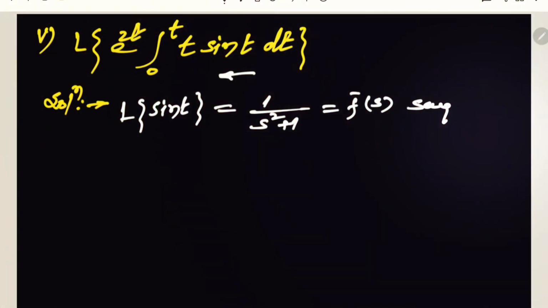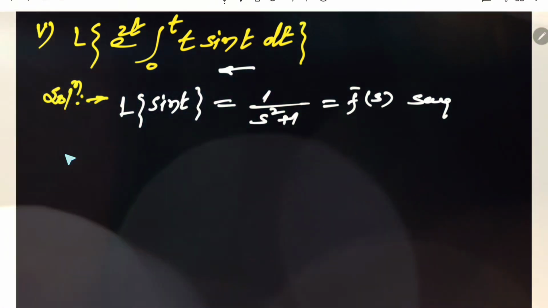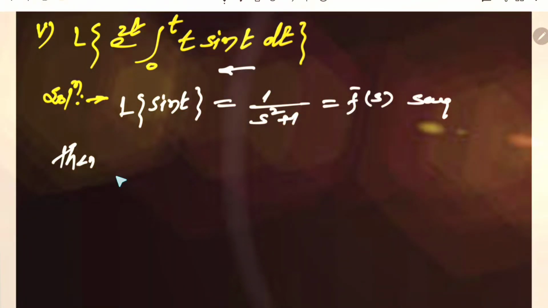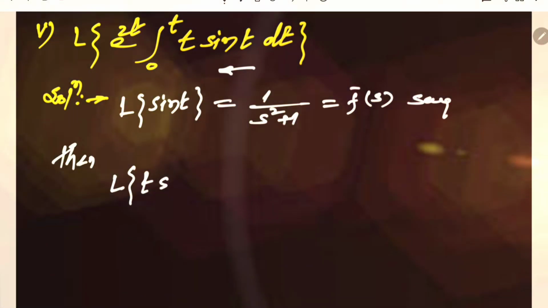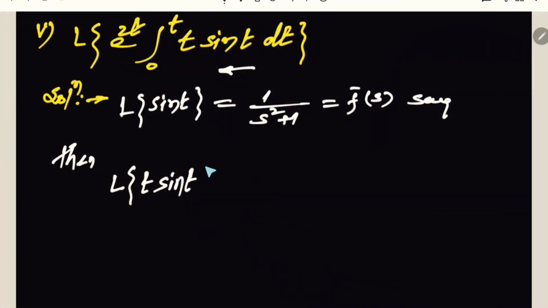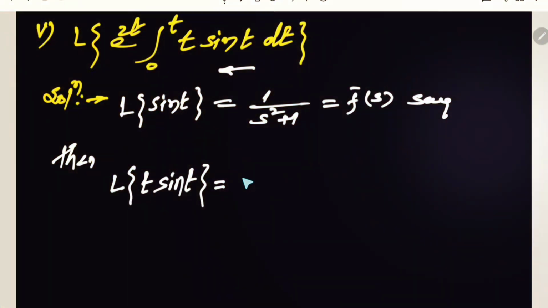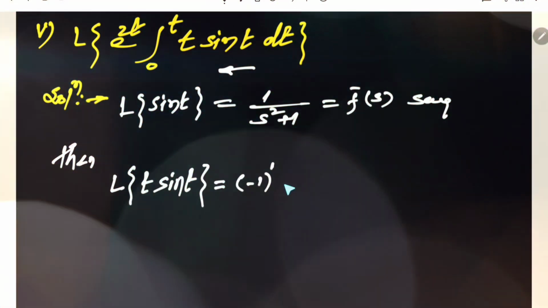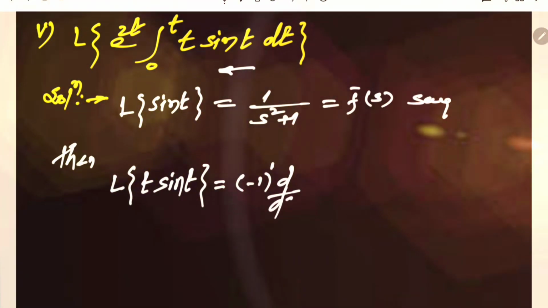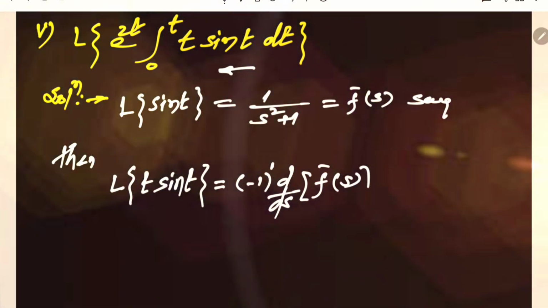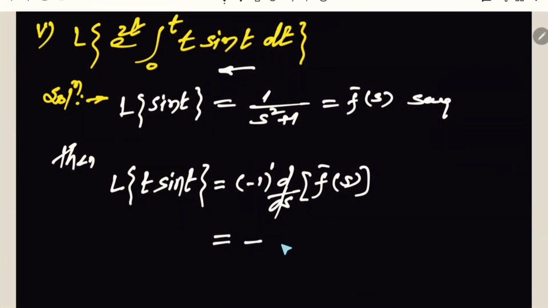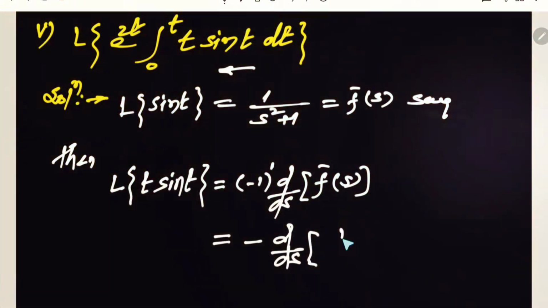Then as it is multiplied by t, therefore Laplace transform of t into sin t, applying that multiplication by t raised to n theorem. Here power is 1, therefore minus 1 raised to 1, first order derivative d by ds of f bar of s. Minus d by ds, f bar of s is 1 upon s square plus 1.